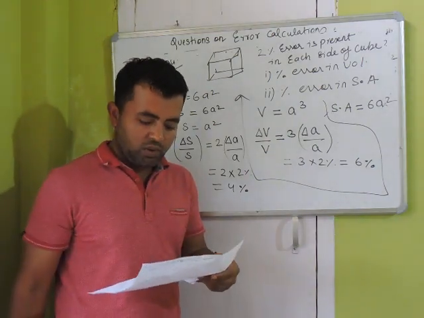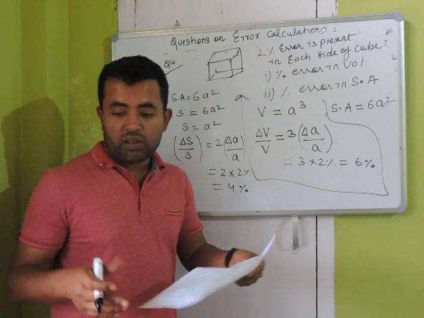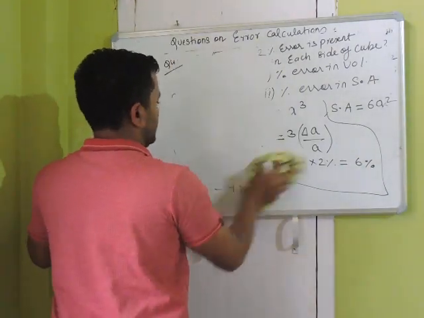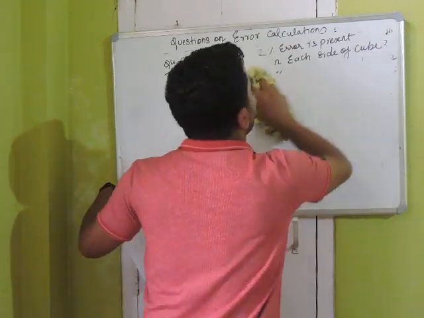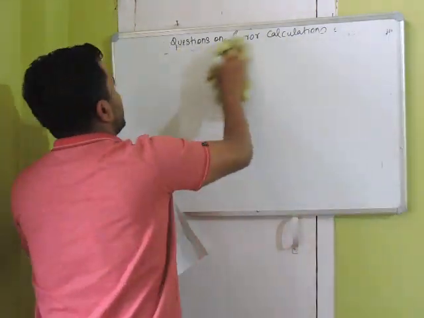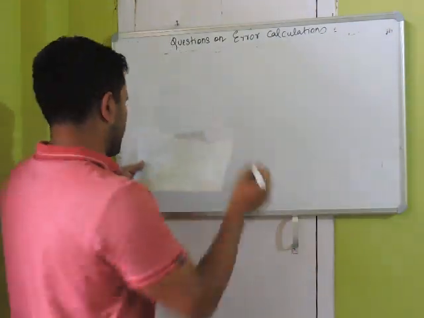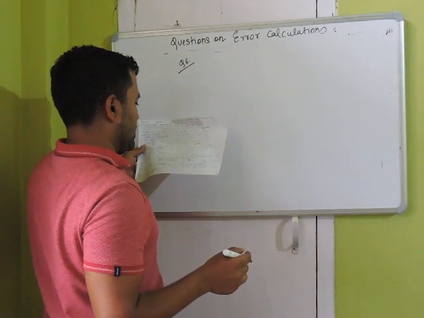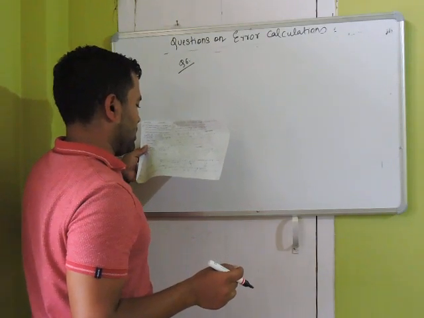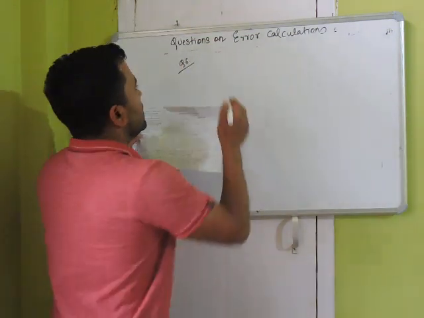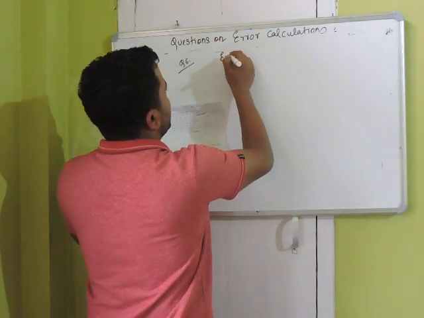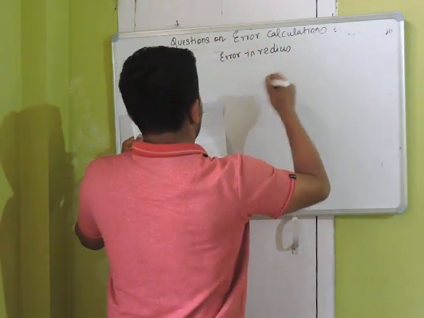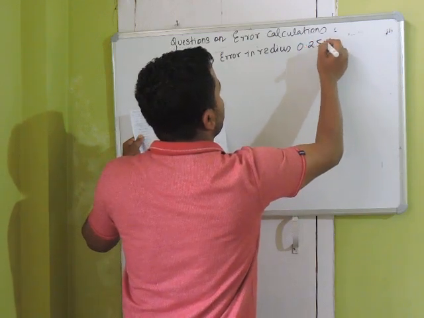Okay. Now the next question we are going to deal with is the sphere. Suppose question 6 says the error in radius is 0.25%, right?